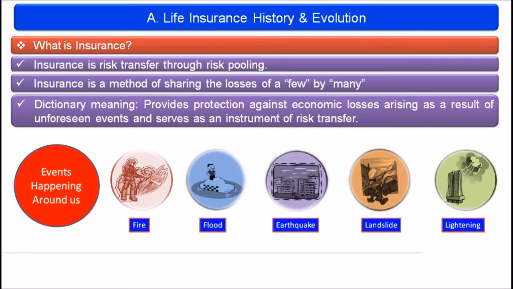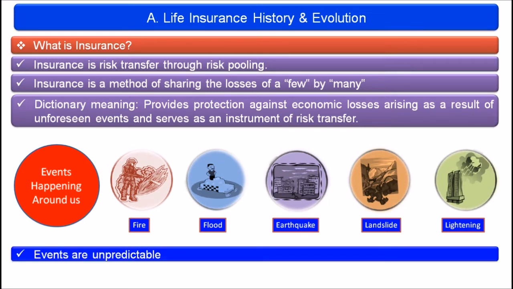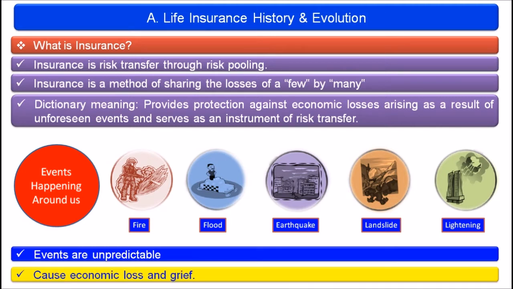All these are unpredictable, and what will happen? They cause economic loss and grief, sorrow. So there is a huge loss and grief. So these are all the events where you need insurance.